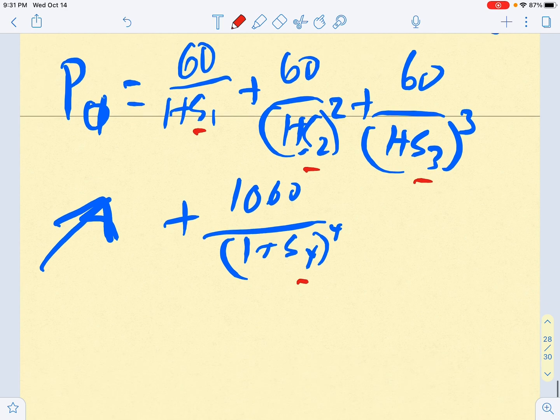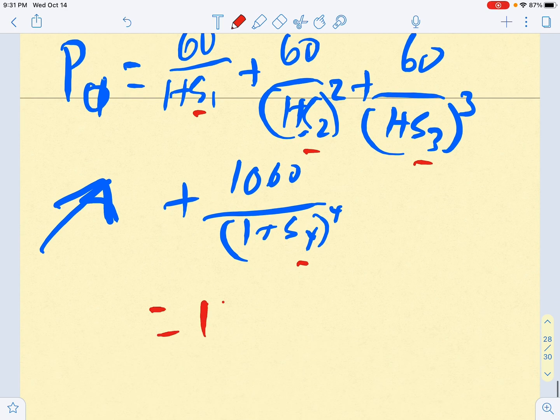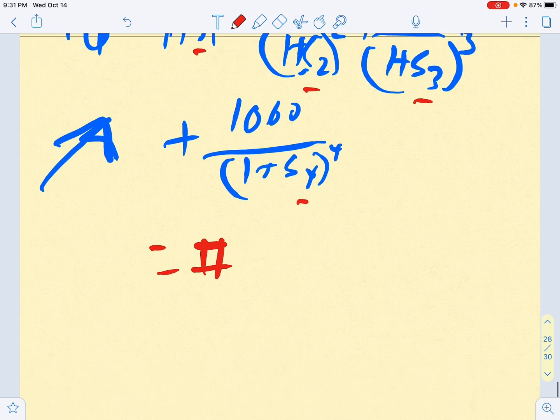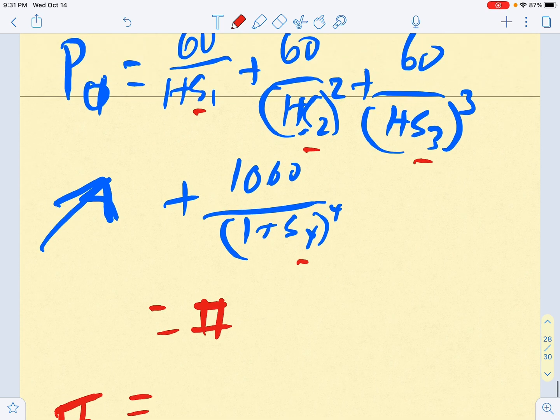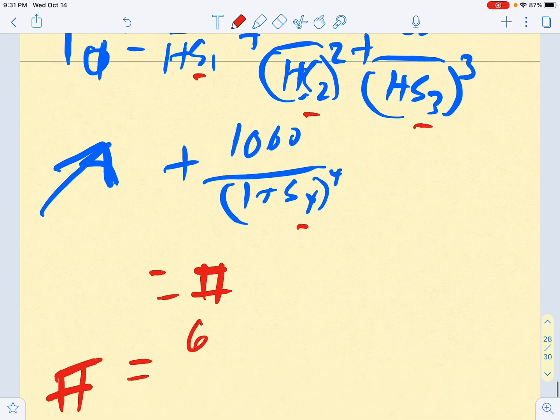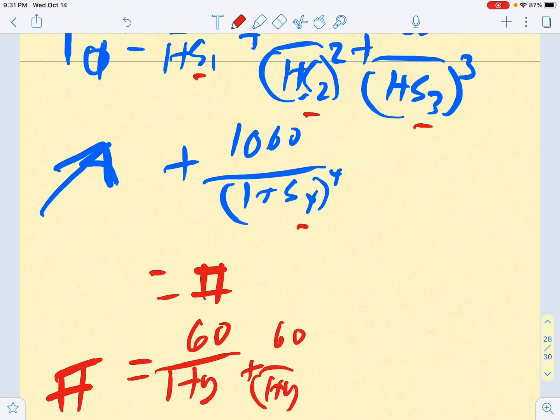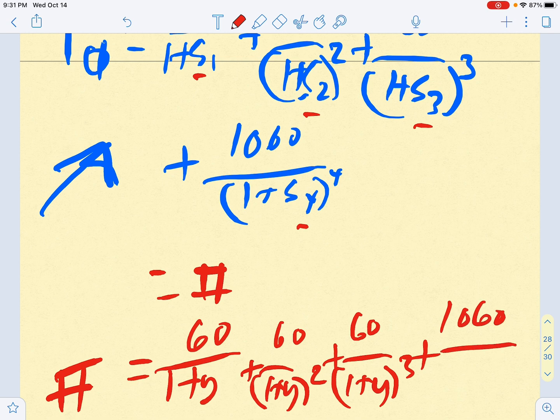Now, after you calculate this value, this is going to give us some number. Here's how yields to maturity come into play. So there's that number, whatever that is, and we set that number equal to this: 60 divided by 1 plus y, plus 60 divided by 1 plus y squared, plus 60 divided by 1 plus y cubed, plus 1,060 divided by 1 plus y to the fourth power.